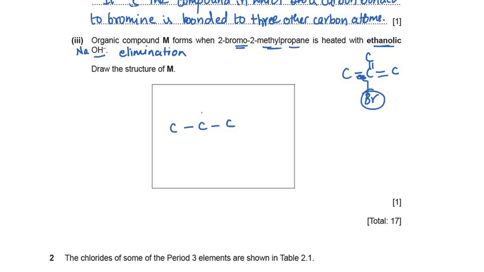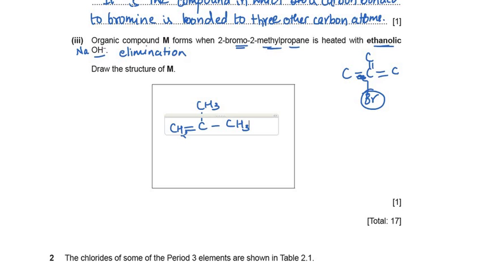Bromine is removed from the bottom, so I'm writing CH3 here, a double bond on any one side. Then this carbon is left with 2 hydrogens, the middle carbon is not left with any hydrogen, and the last carbon again has 3 hydrogen atoms. So here is the structure of the alkene by removal of bromine from the second carbon atom.